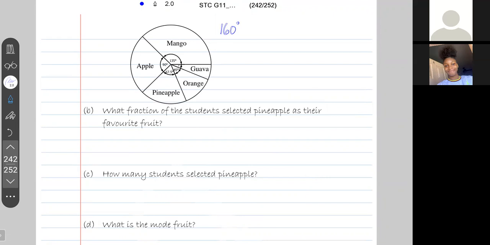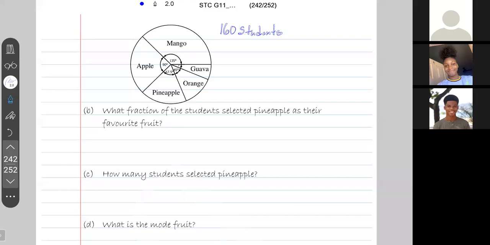So again, the first thing we're asked to do is to calculate the value of X. We have to start out with the knowledge that a circle has a total of 360 degrees.